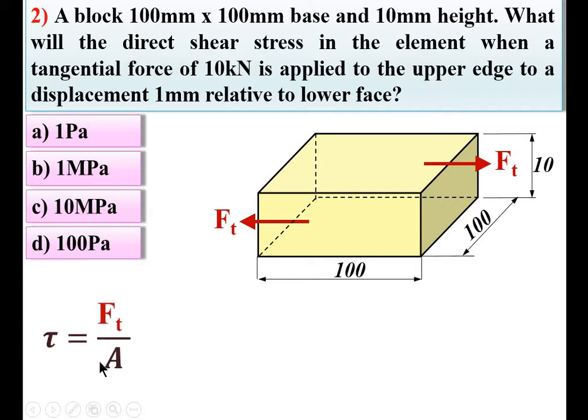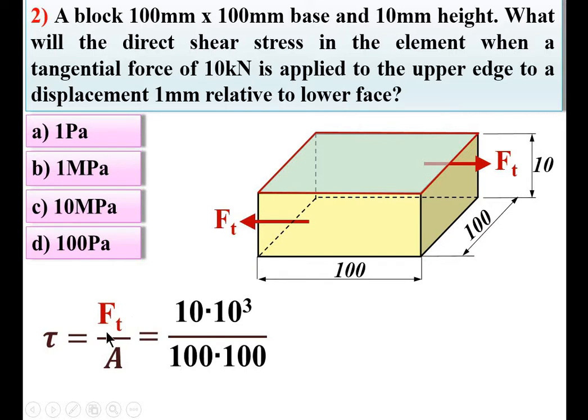Now you know that shear stress tau is equal to load upon area, where the load is always the tangential force, and here this tangential force is acting on this plane. Putting in the values, Ft, the tangential force, is given as 10 kilonewton, so 10 into 10 raised to 3 Newton divided by the area, that is this blue colored plane, because the tangential force is acting on this plane.